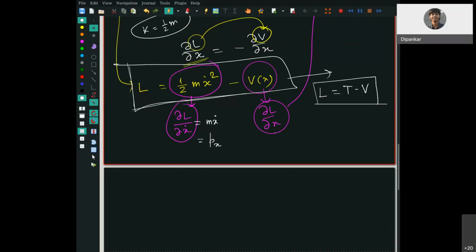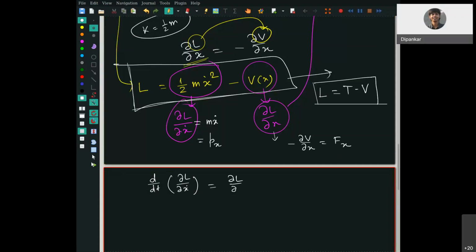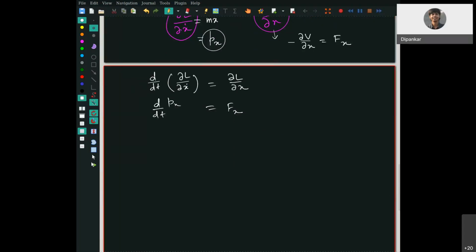And del L del x is minus del V del x, which is force in the x direction. So the Lagrange equation, d dt of del L del x dot equals del L del x. If you use these analogies, then you can see that this is basically Newton's second law: dpx dt equals force in the x direction, right?